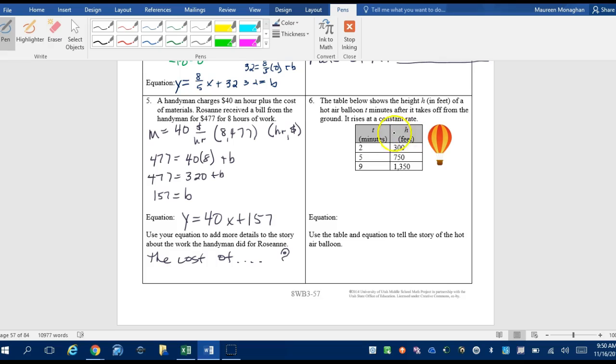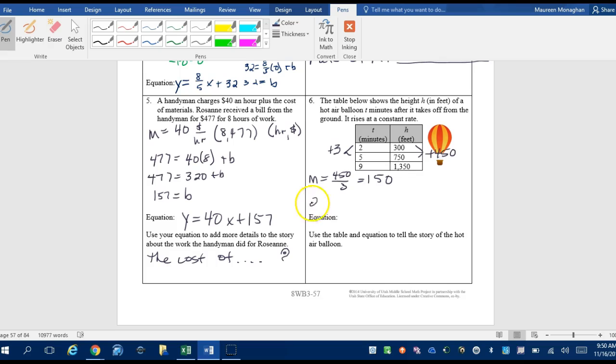We got height in feet, air balloon, t minutes. Let's see, this is a change of 3. This is a change of 450. Right off the bat, I know my slope is 450 over 3, which gives me 150. Do I have a y-intercept here? No. So I have to use a point.